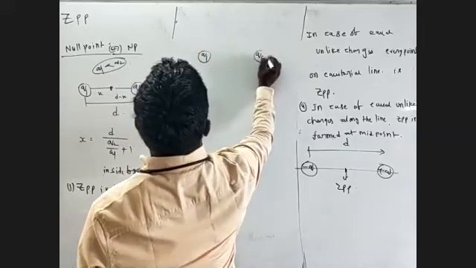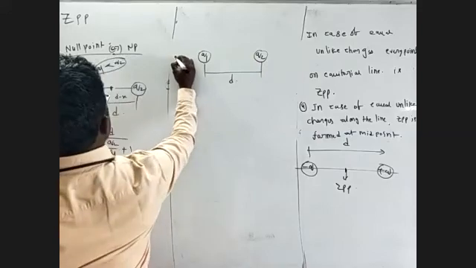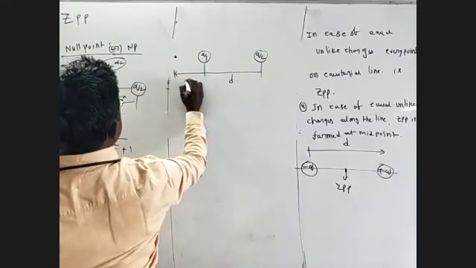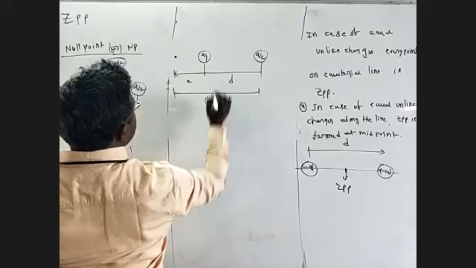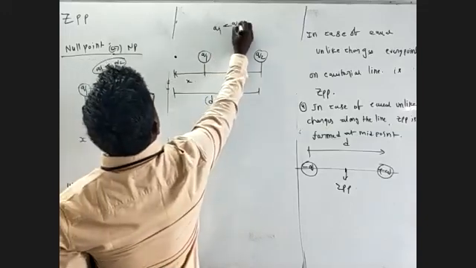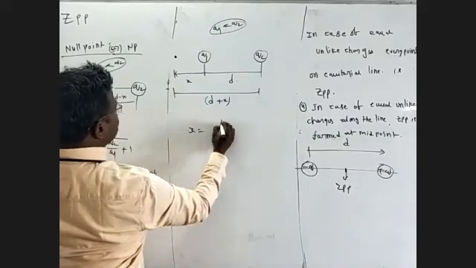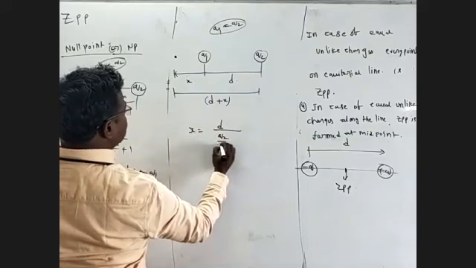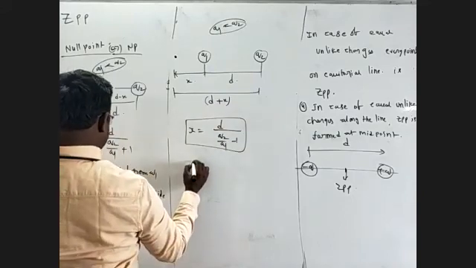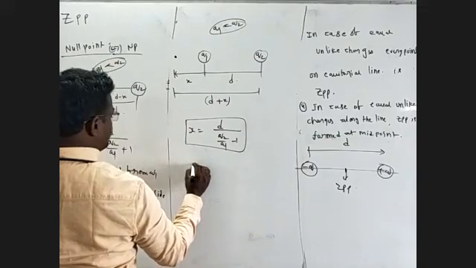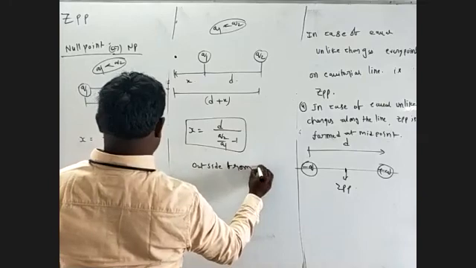Next, this is Q1 and this is Q2, and the distance between the charges is D. This is a point at distance x from Q1, so from here to here is D plus x. Q1 is less than Q2. Here x is equal to D by root of Q2 by Q1 minus 1. This is outside from Q1.